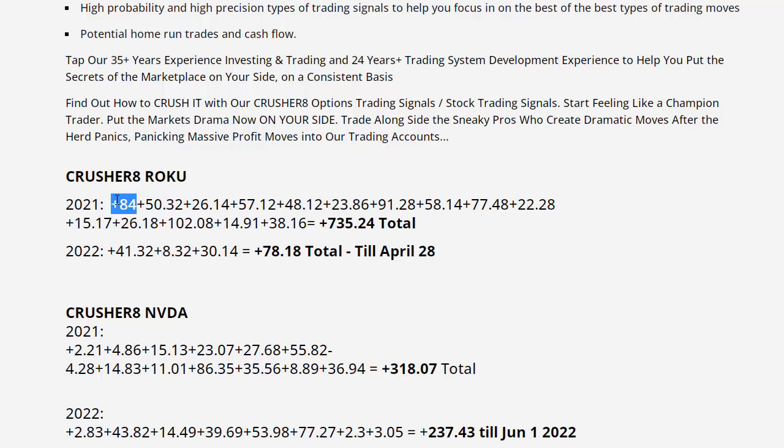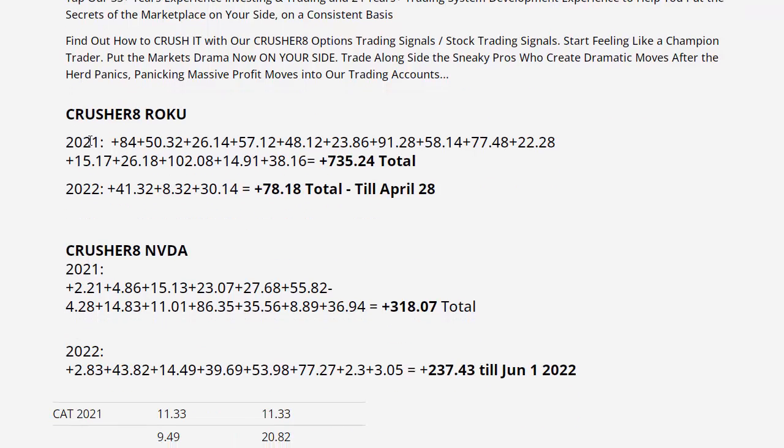This is 2021 on Roku, and the stocks can change over time. Let's say a stock goes dormant, okay, just goes dead. We don't want to trade that anymore. We want a stock that's going to move. So we'll look to reevaluate logically and strategically what are the best stocks to trade.